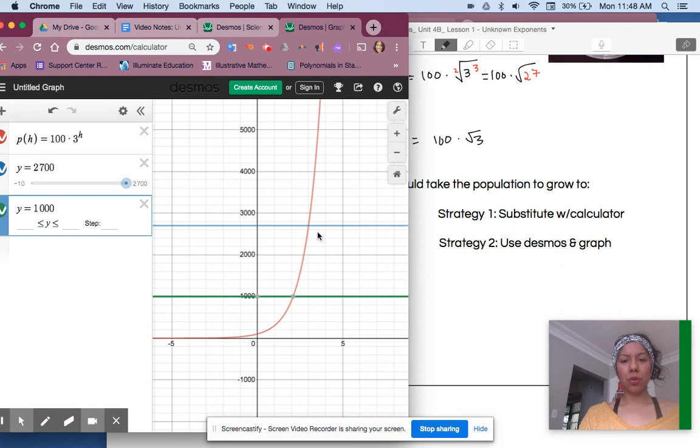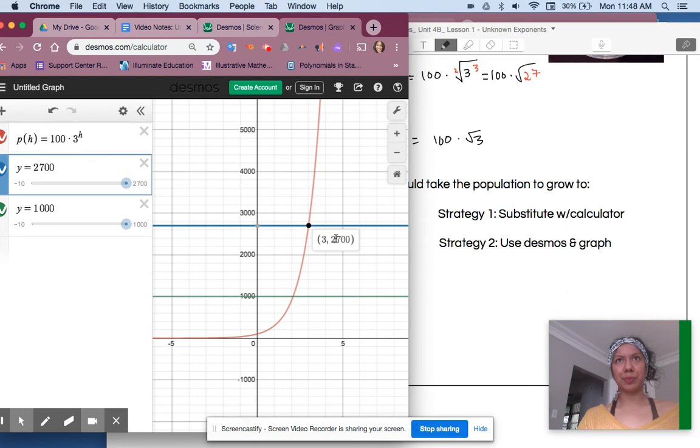Where the red and those other two equations intersect is our answer. We can see here in 3 hours, it's going to be a population of 2,700. And here at 2.096 hours, it's going to be 1,000.